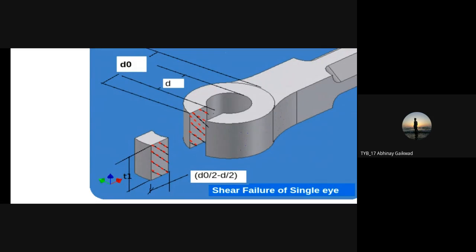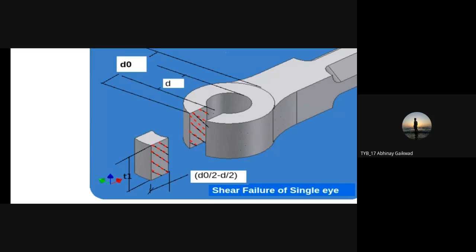Vertical is the thickness of the eye, and that is T1, which we have already used. So the area will become (DO by 2 minus D by 2) in one bracket, multiplied by T1.